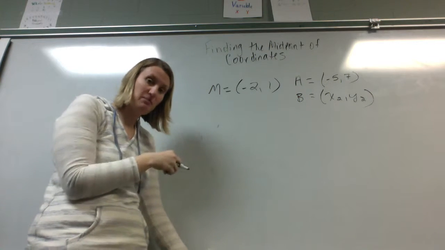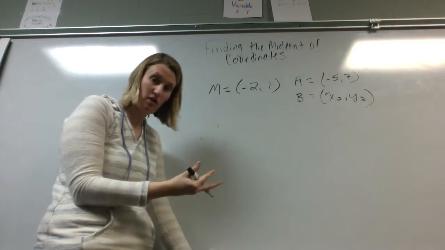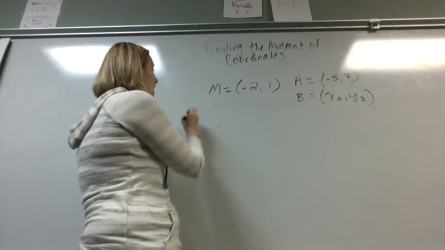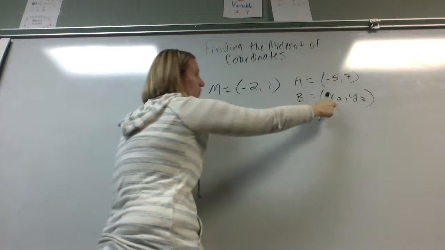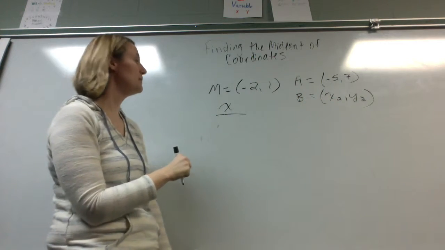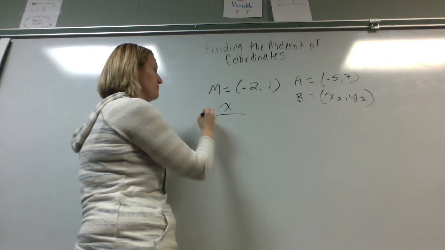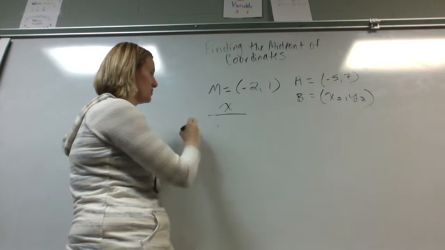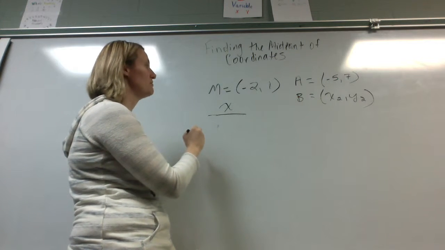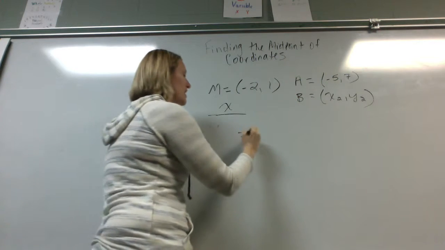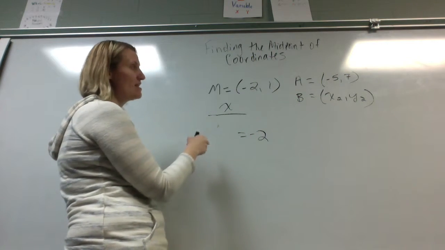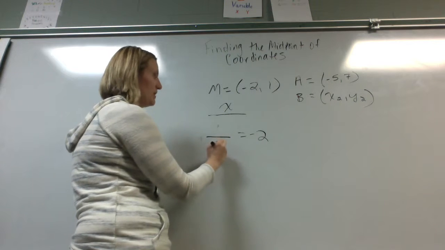So if you use that midpoint formula, we're going to plug in what we know. I like to find X and Y separately. In order to find the X value of B, we need to use that formula. So the midpoint was found, -2, do it the other way. -2 was found by adding the two x values and dividing by 2.